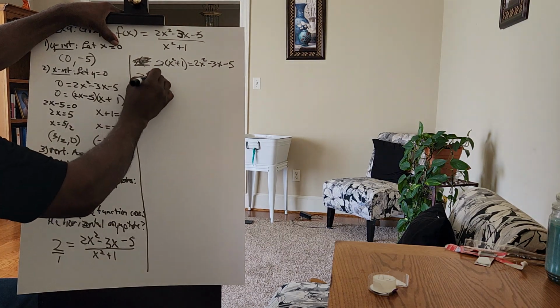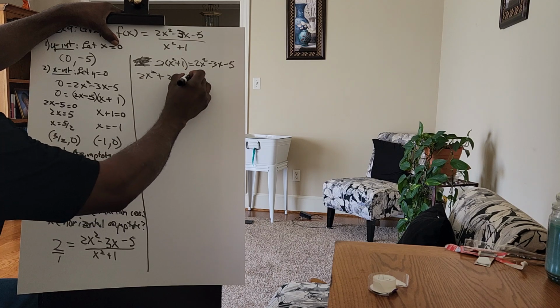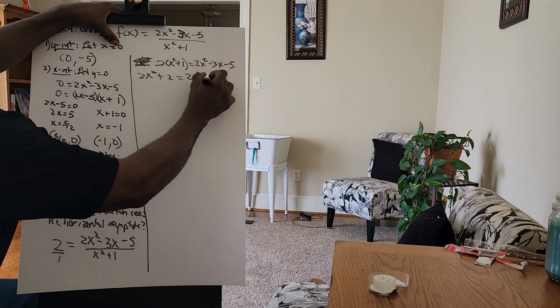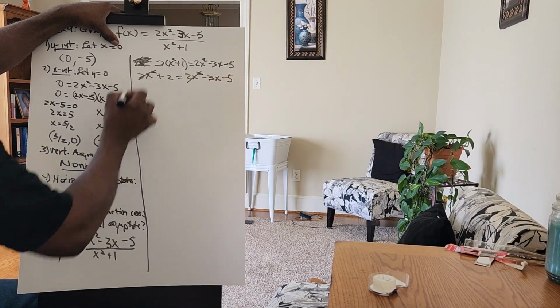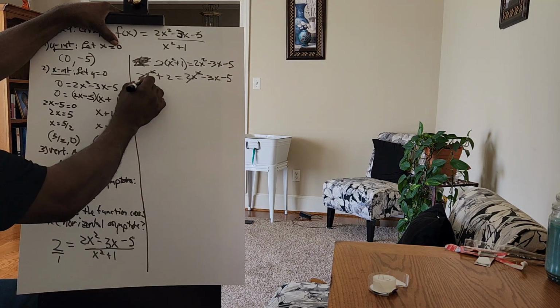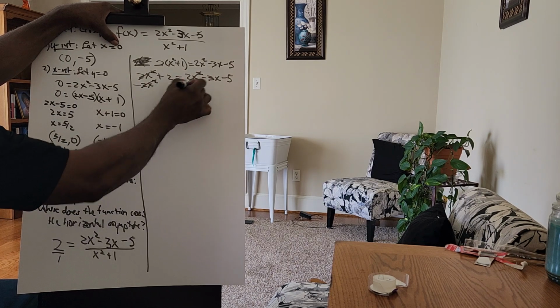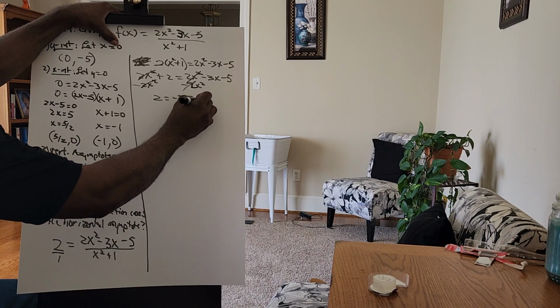Distributive property, 2x squared plus 2 equals 2x squared minus 3x minus 5. If I subtract 2x squared from both sides, those two things cancel, okay? So I'll have 2 equals negative 3x minus 5.